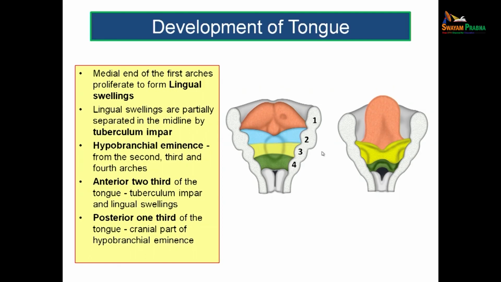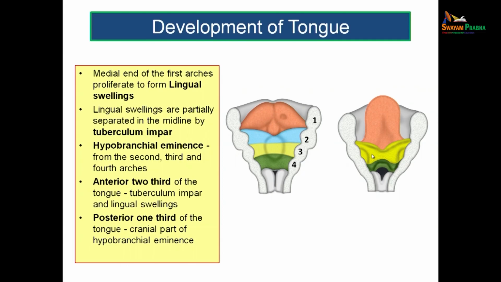The reason is the third arch is overgrowing the second arch and fusing with the first arch. So when you look at the floor, you won't see the second arch because it is embedded and covered by the third arch. So the third arch encroaches over the second arch in order to reach the first arch.